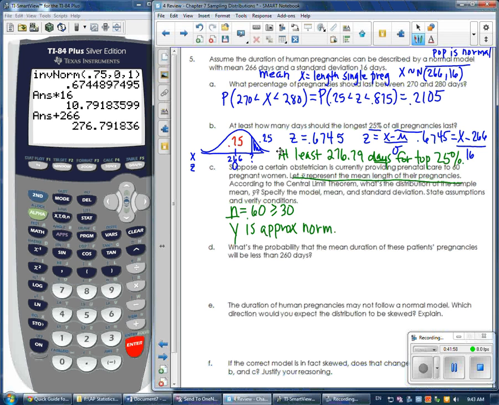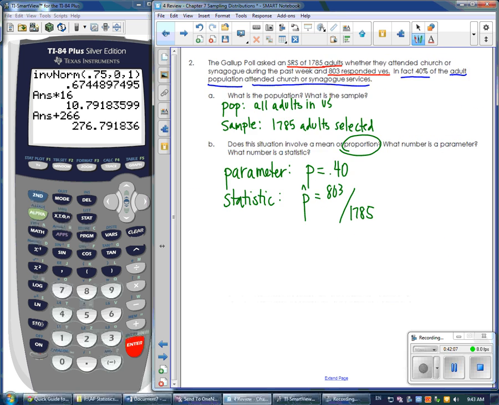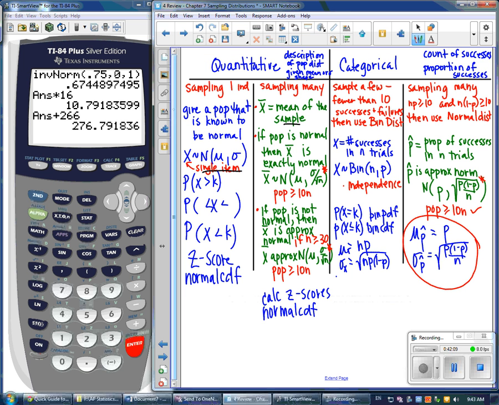Now I can go ahead and find the mean. So the mean of y bar has to be the mean of my distribution. Let's go back to that first slide where we laid everything out. Since I'm dealing now with a large sample, that's this column, I know that my mean is just going to be the mean of my population, and the standard deviation will be sigma over the square root of n.